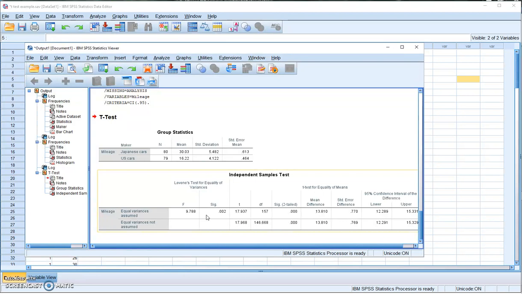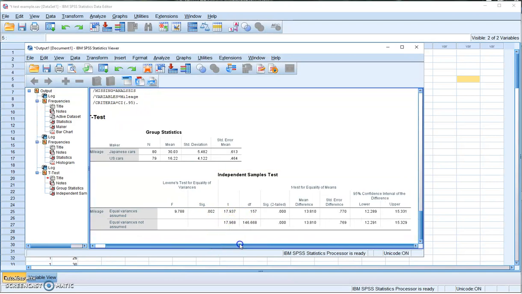We do not meet the equal variance assumption, so we have to look at the second line. Based on the output it shows here, the observed t-value is 17.97, and the degree of freedom is somewhere around 147.